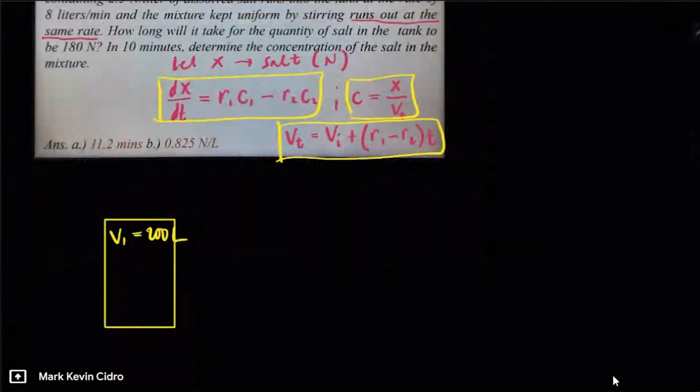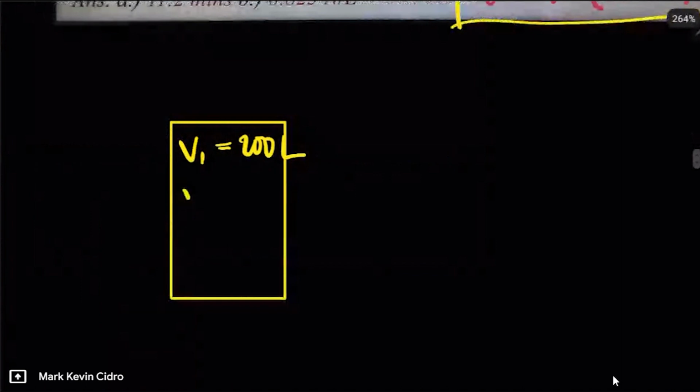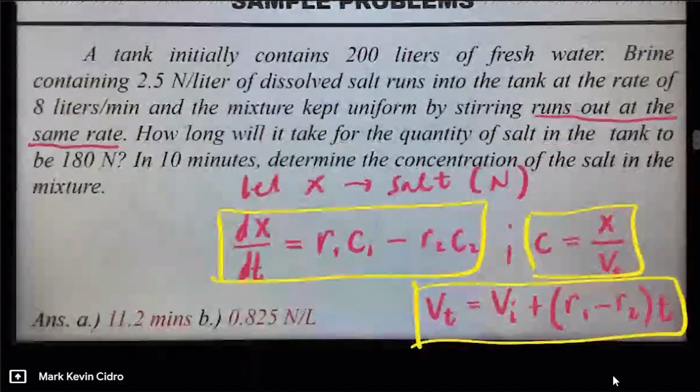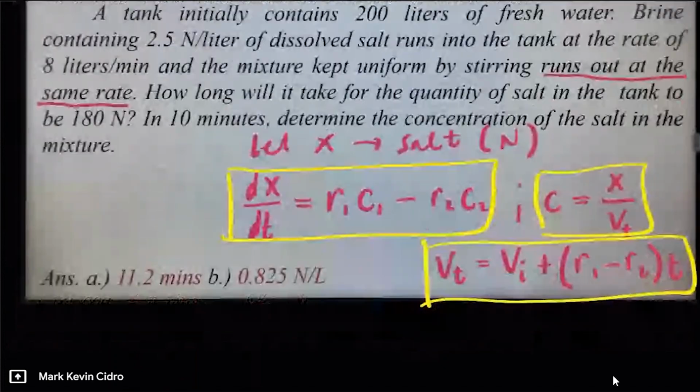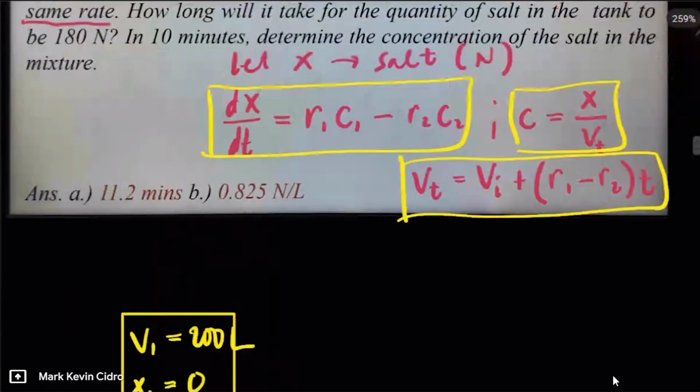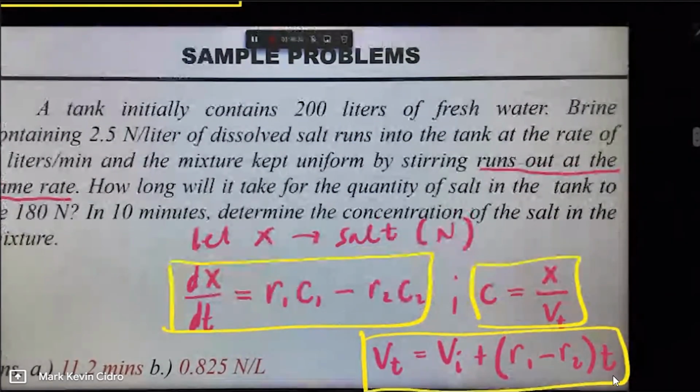Then we use x sub 1 to represent the original amount of salt dissolved. There was none, so your x sub 1 here is 0, because it is fresh water.